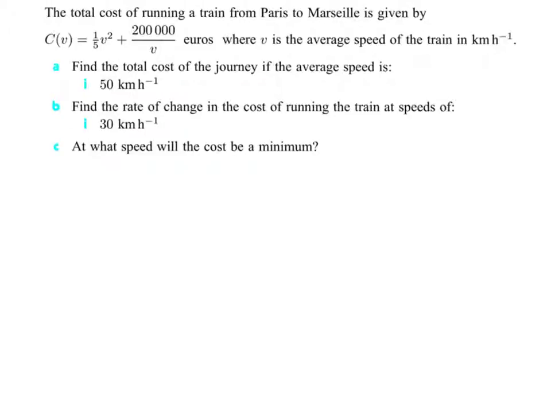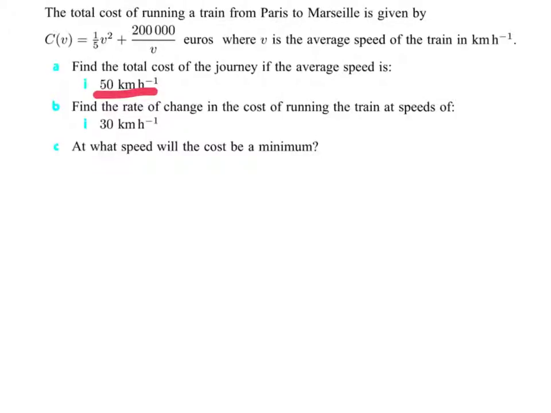The total cost of running a train from Paris to Marseille is given by C of V equals 1/5 V squared plus 200,000 over V euros, where V is the average speed of the train in kilometers per hour. For part A, find the total cost of the journey if the average speed is 50 kilometers per hour. For this, we would just plug in 50 for V in the equation.